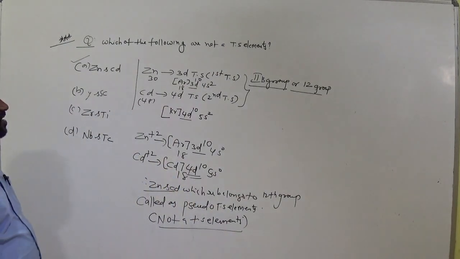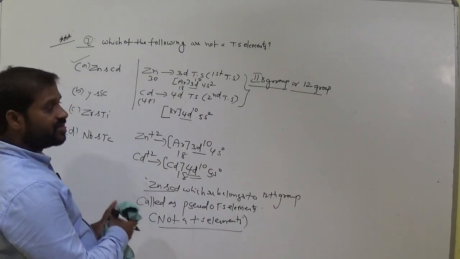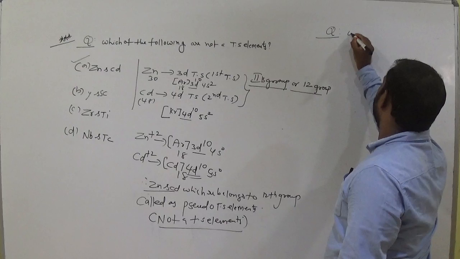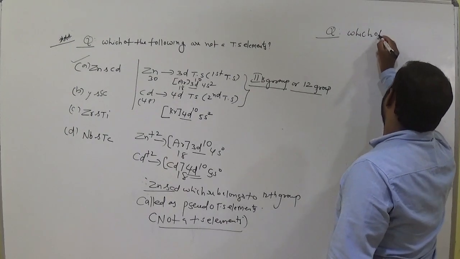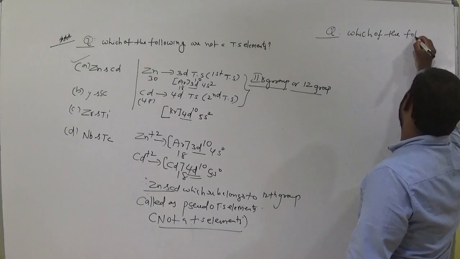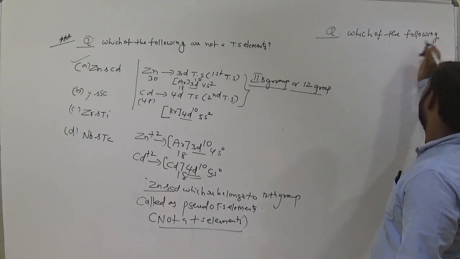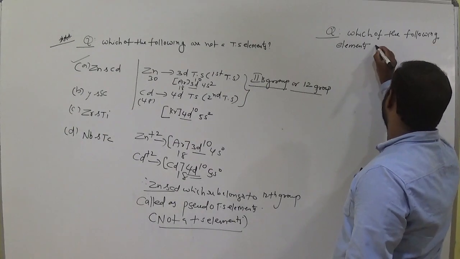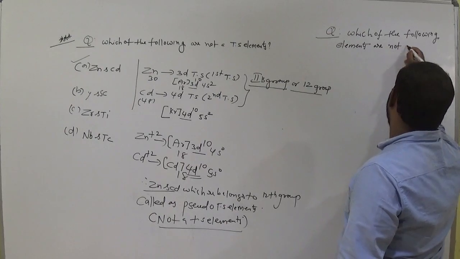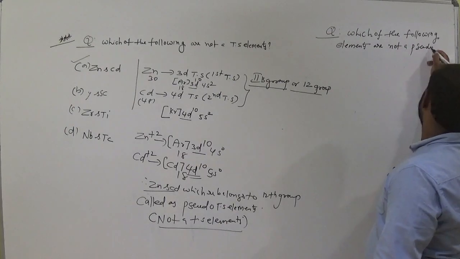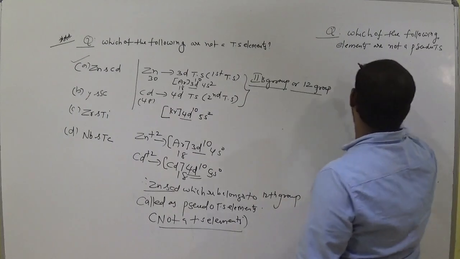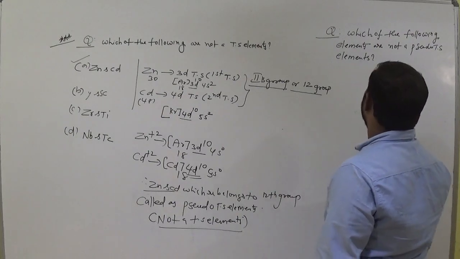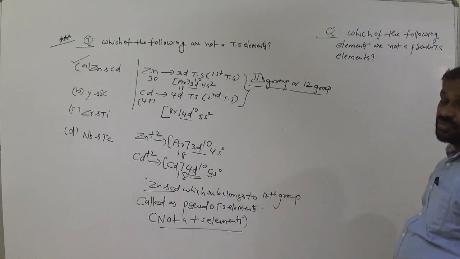Clear, students? That was the comparison for 3d and 4d. Which of the following elements are not pseudo transition elements?